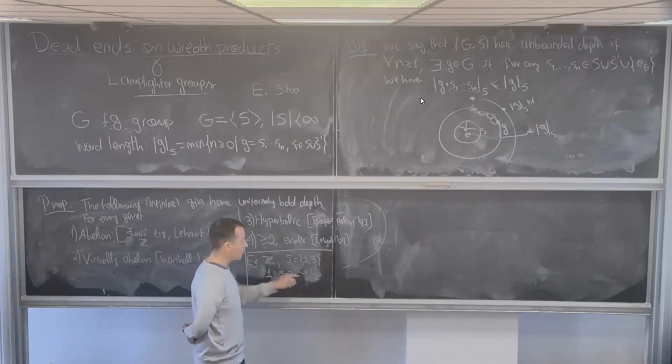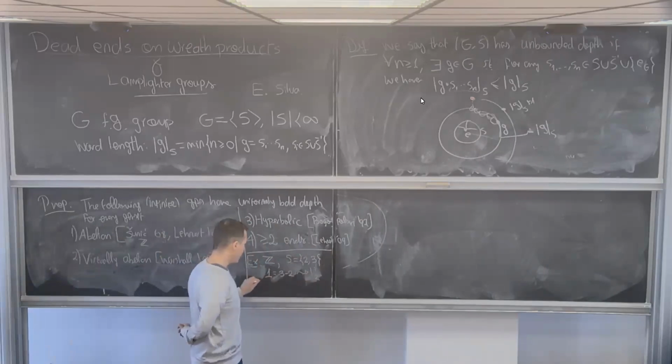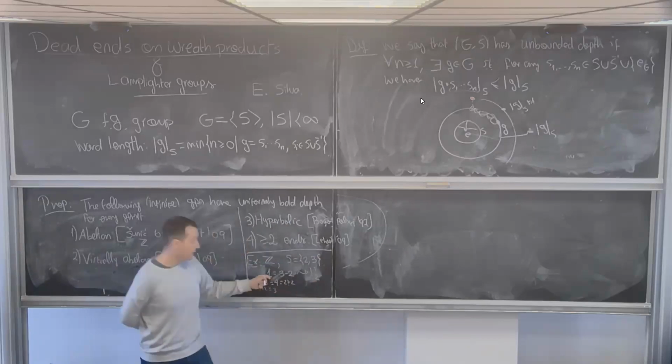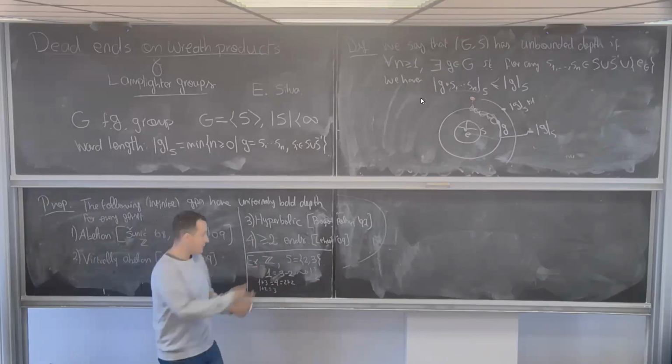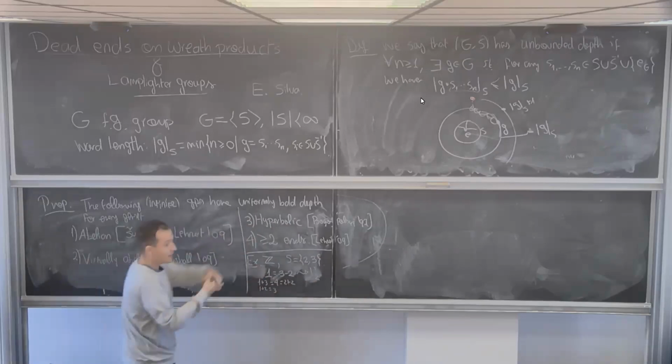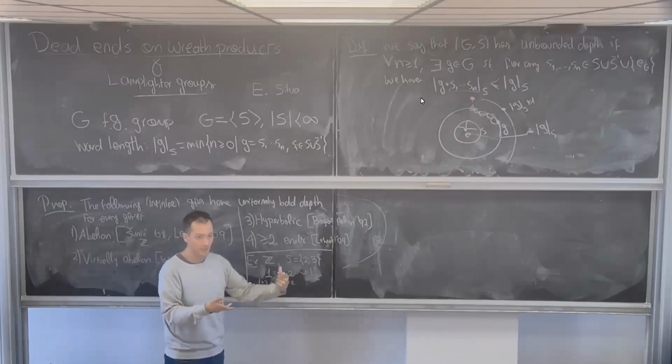But all of its neighbors also have word length at most 2, because its neighbors will be 1 plus 3, which is 4, which is 2 plus 2, and 1 plus 2, which is 3, which has word length 1. So in fact, here 1 does not have neighbors in the next sphere. However, this proposition tells us that if you look at a larger neighborhood of 1, you will intersect the next sphere.